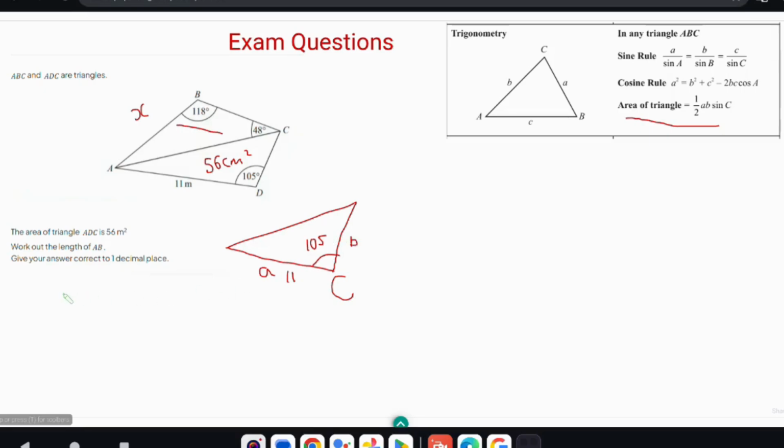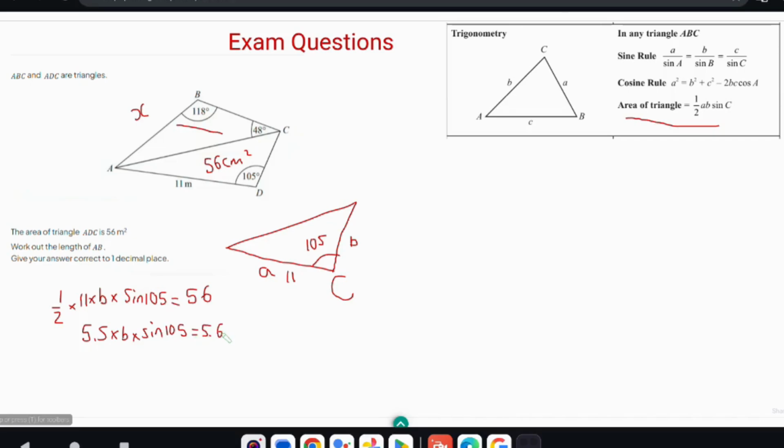Right, so we can say half times A times B times sine 105 is equal to 56. Half of 11 is 5.5. So we can say 5.5 times B times sine 105 is equal to 56.